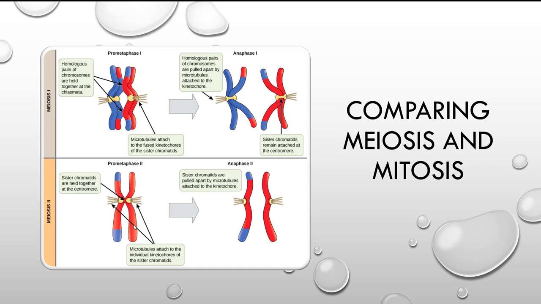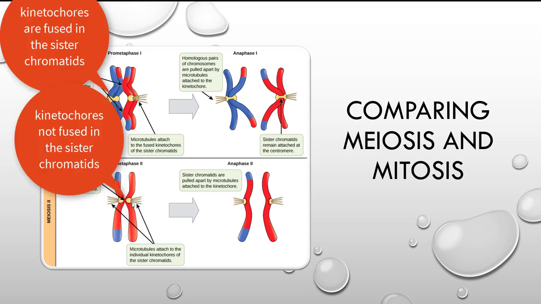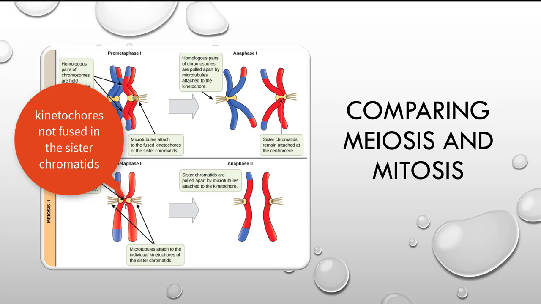But in metaphase part 2, the microtubules are attached to the individual kinetochores of the sister chromatids. Okay, so in meiosis part 1 the microtubules are attached to the fused kinetochores, so the kinetochores are kind of fused together. These kinetochores are separate in prometaphase part 2.